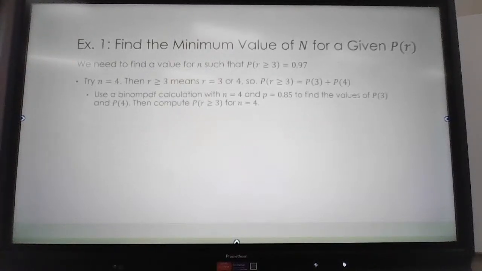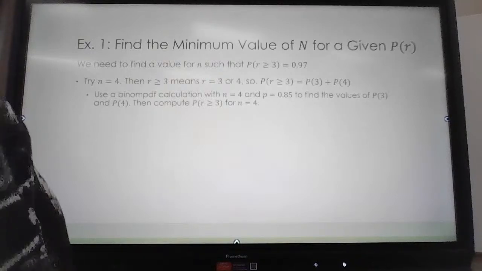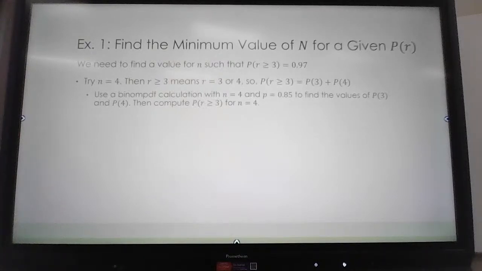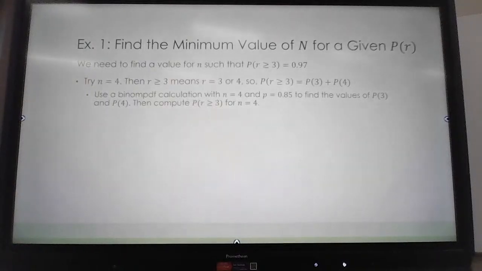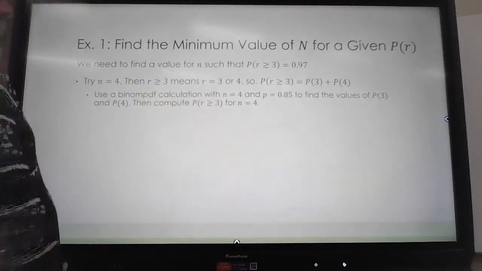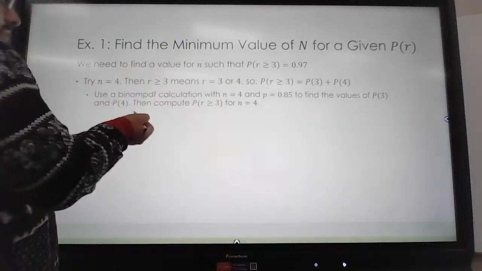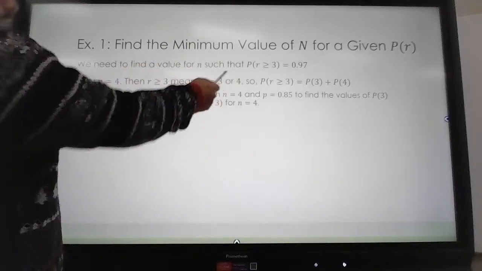So what we're going to try to do is make sure that we have at least 3 cells working. So let's try a sample size of 4. We're going to have to do some guesswork here. Let's start with n being 4. So if r is greater than or equal to 3, that means that r can be 3 or 4.